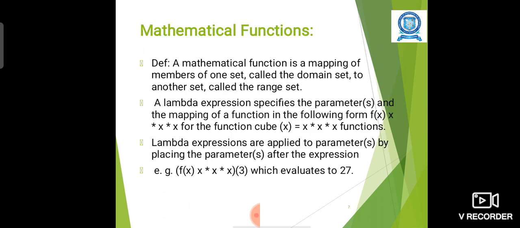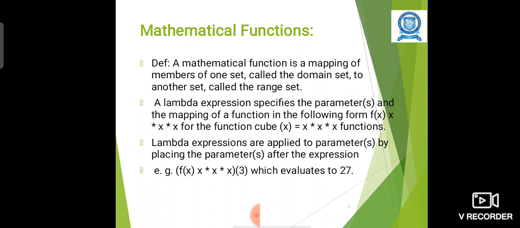Mathematical functions. A mathematical function is a mapping of members of one set called the domain set to another set called the range set. A lambda expression specifies the parameters and the mapping of a function in the following form: f(x) = x * x * x for the cube function, cube of x equals x * x * x. Lambda expressions are applied to parameters by placing the parameters after the expression.